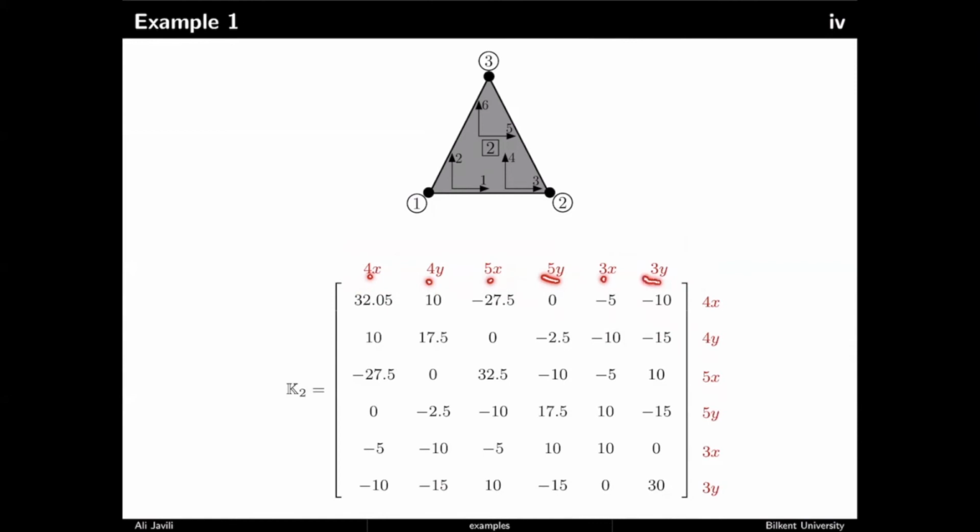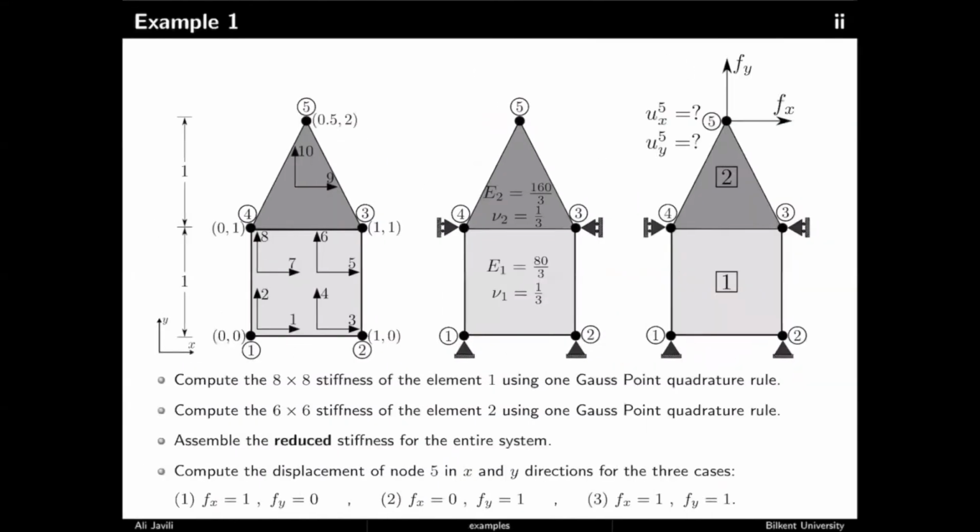So if you look at the way that these are sorted, node 4 is this one, 5 is this, and 3 is this.